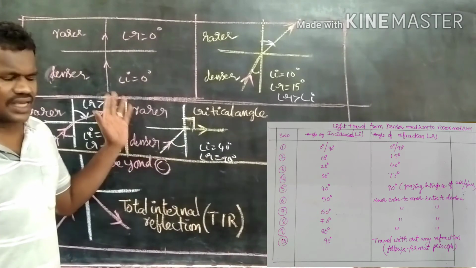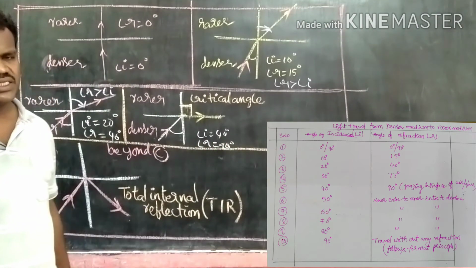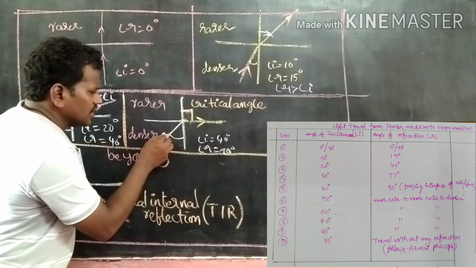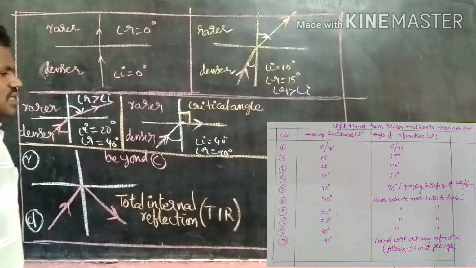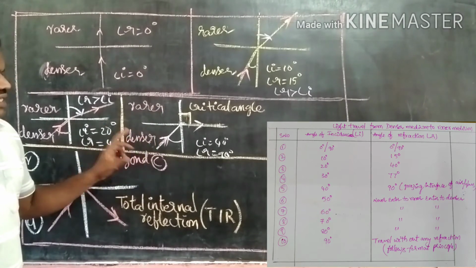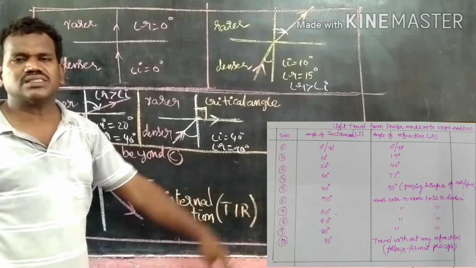Let us take 30 degrees. Whenever it reaches approximately 40 degrees or beyond 40 degrees also, if you observe, the light ray is grazing the interface of both rarer as well as denser. Grazing the interface of rarer and denser.